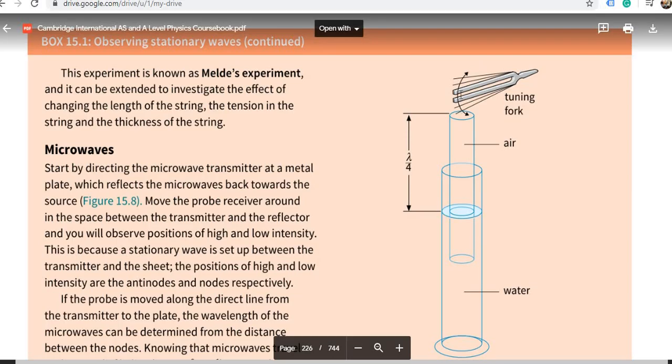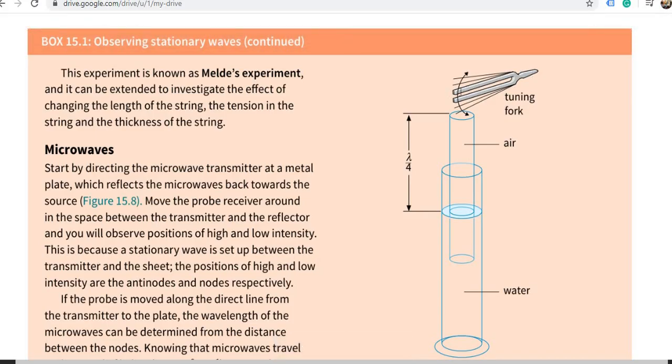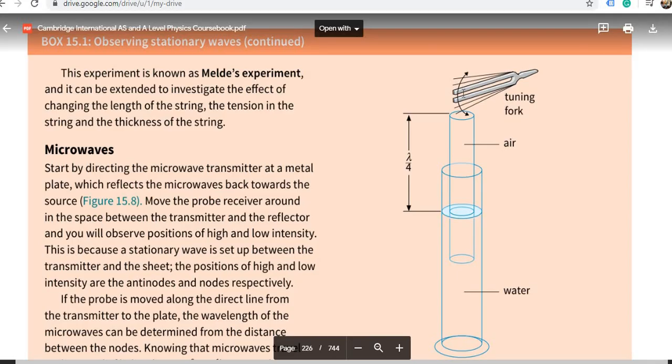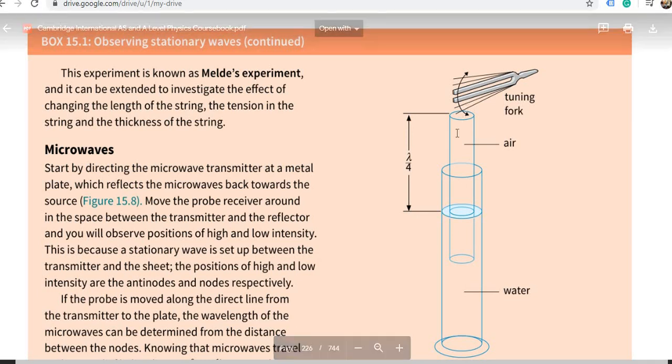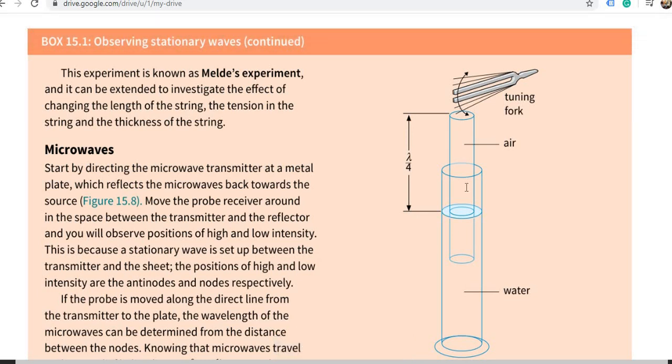So when you hit these parts, these two parts are called the prongs of the tuning fork. This is the stem. If you hit the prongs on something like a gong, the prongs vibrate at the frequency that this tuning fork is made to vibrate. So what you do is you place it on top of a hollow tube like this.